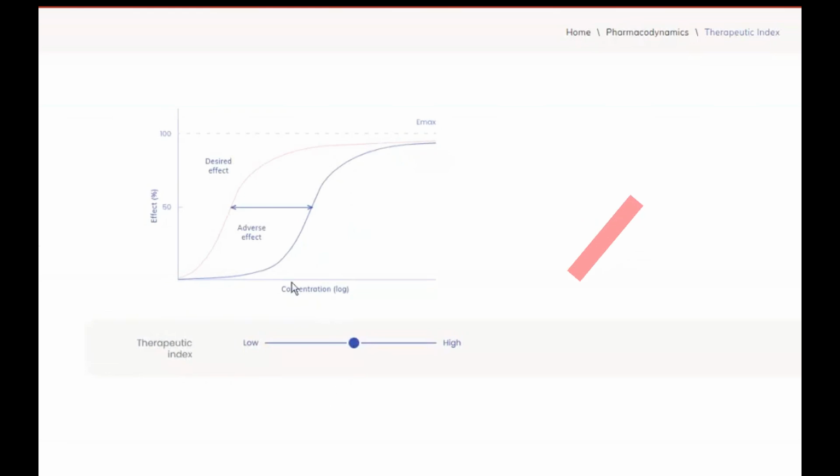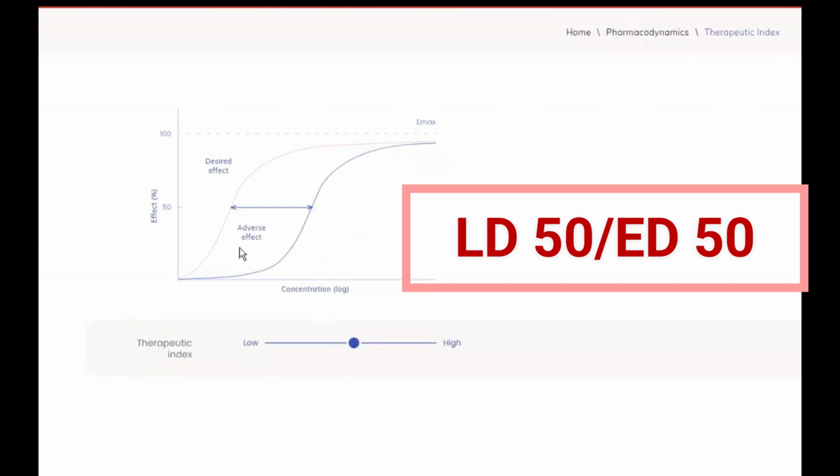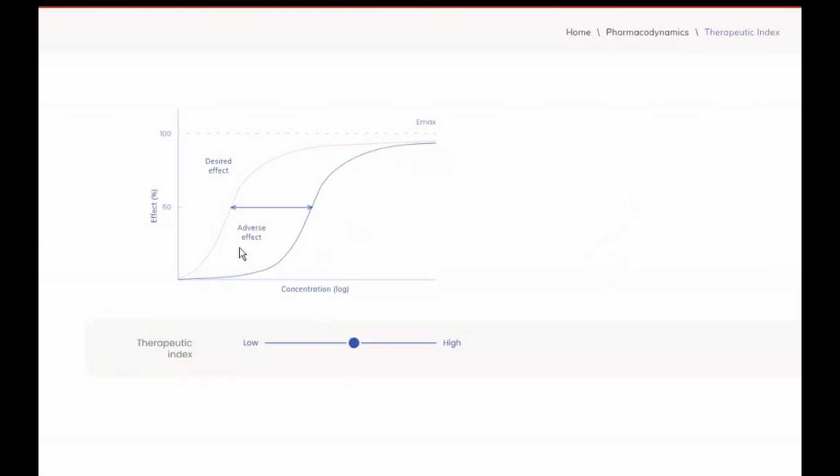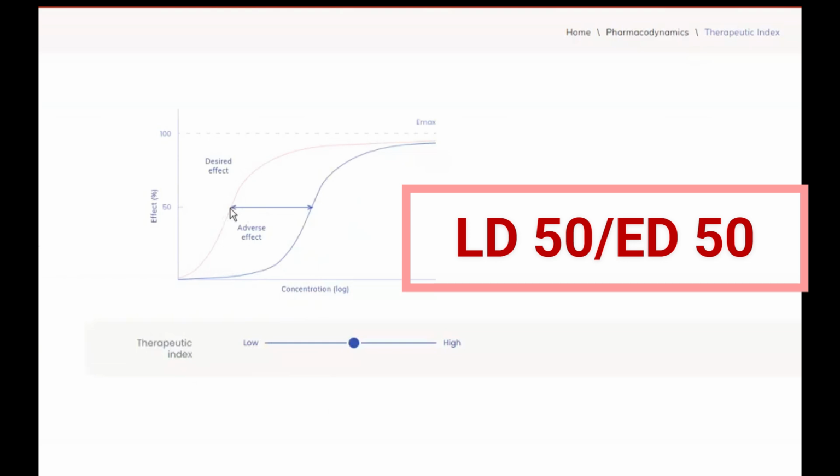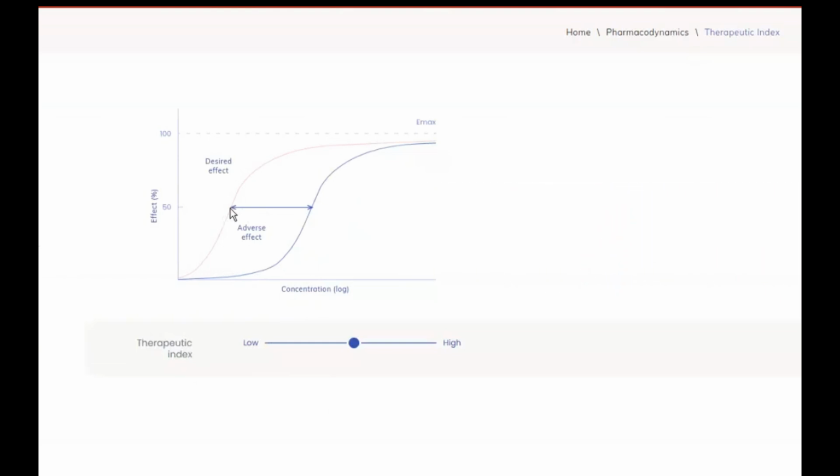Now, the third part of this tip is about the therapeutic index. The therapeutic index is defined as a ratio between the dose that produces lethality in 50% of the population or the animals, divided by the effective dose that produces the effect in 50% of the population.